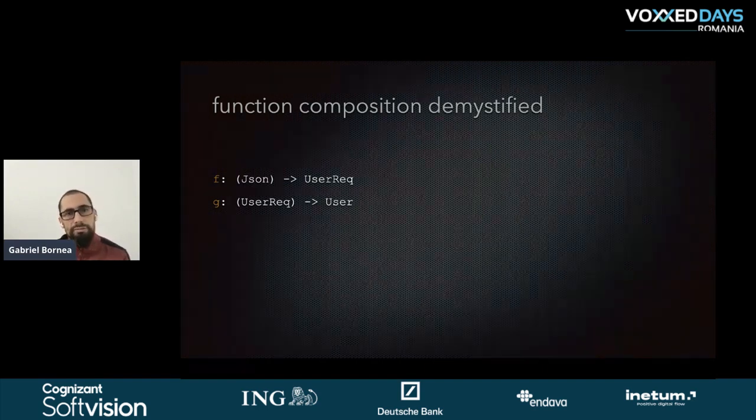And in order to compose these two functions, we are going to create a function h, and this function is going to go from the input of the first function to the evaluation of the second function. There are several ways in which we can achieve this. One of them is by using a lambda expression, and inside this lambda expression we call g of f of our input from the first function, which is JSON, and this will produce our function from JSON to user.